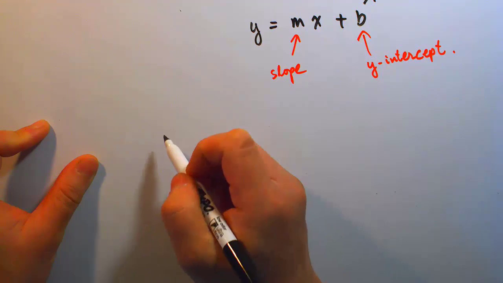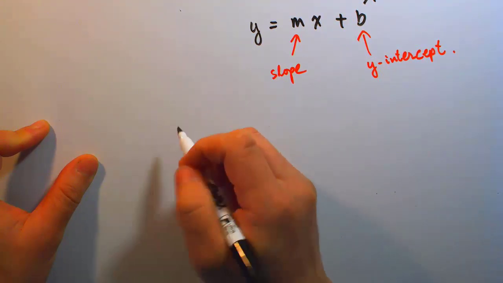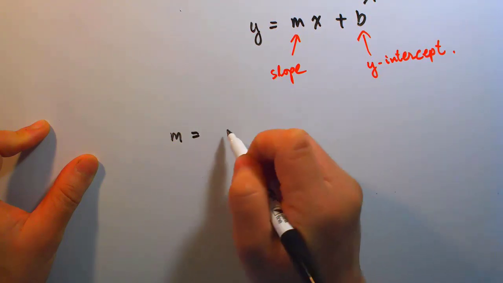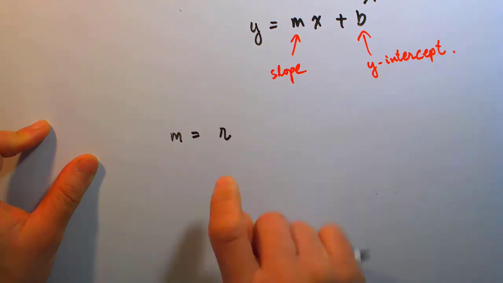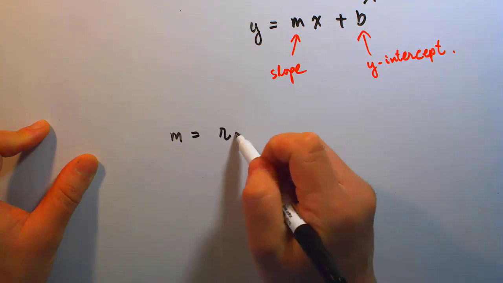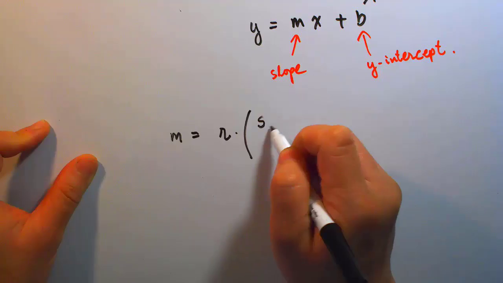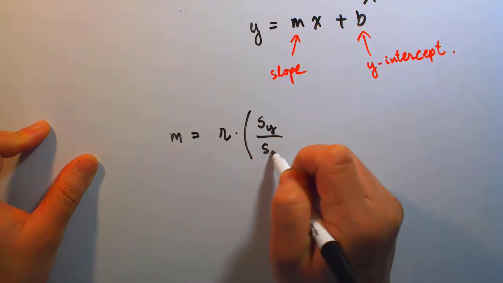Here we have one unique formula: the slope of your best fit line is the correlation coefficient that we calculated previously, multiplied by the ratio of s y over s x.